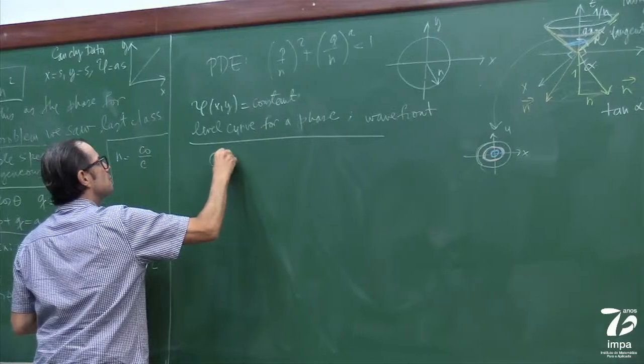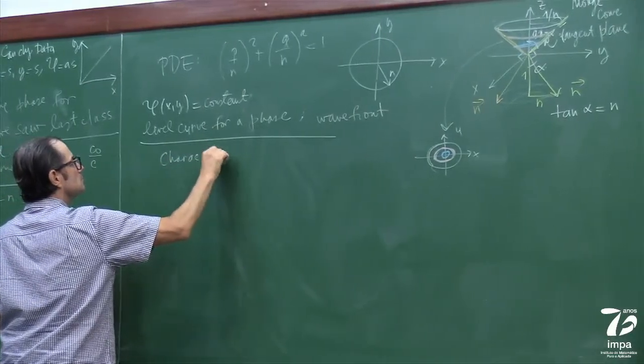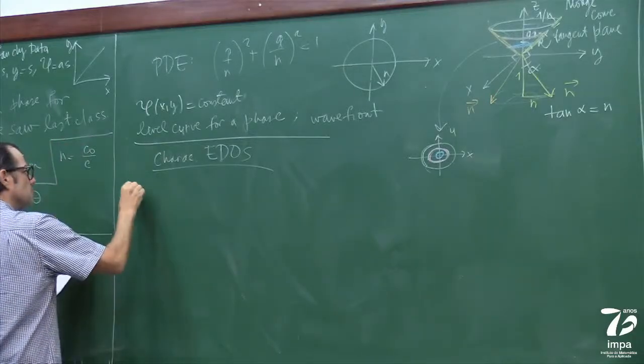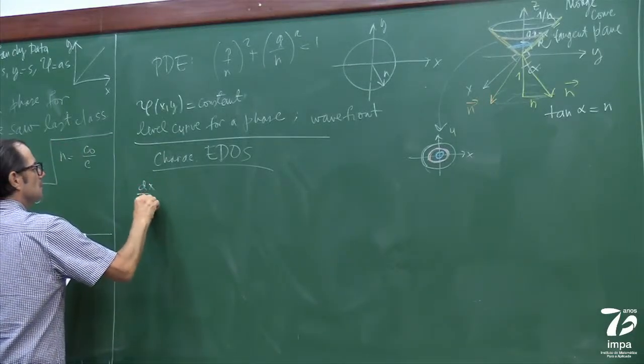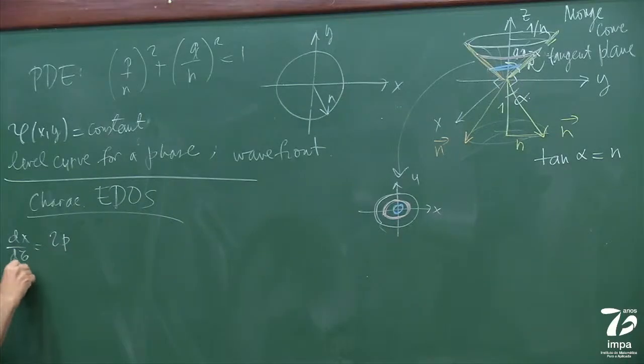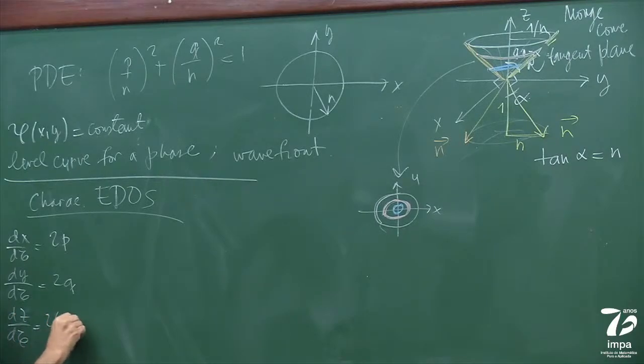So characteristic equations. Characteristic ODEs, Charpit's equations. We have dx, d tau. Let me copy here so we move fast. Two p squared plus q squared.